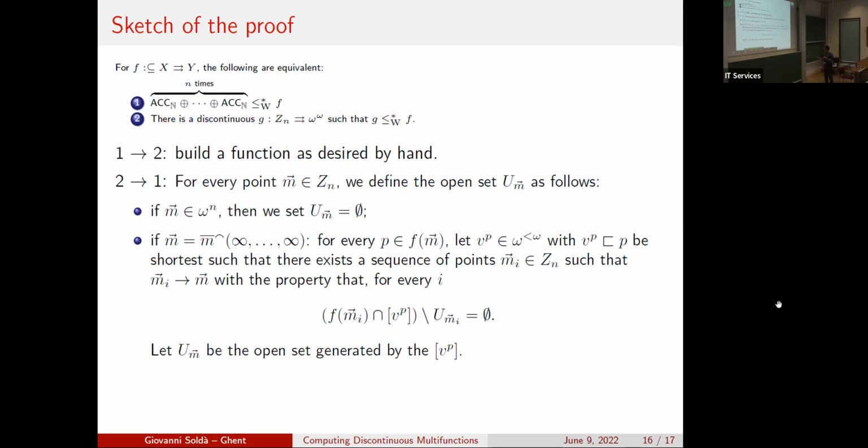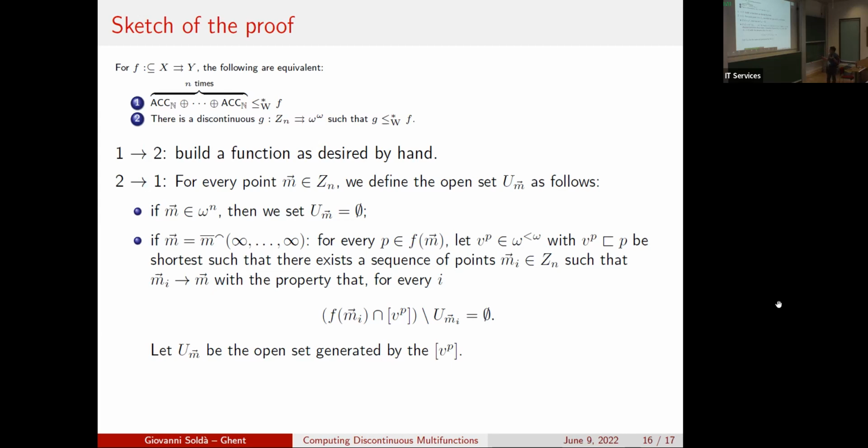For every point, we want to have an open set of bad points in the image of this point. And we define it inductively as follows. As long as you're not a limit point, this open set is 0. But if you're a limit point, then what we care about is the following open set.